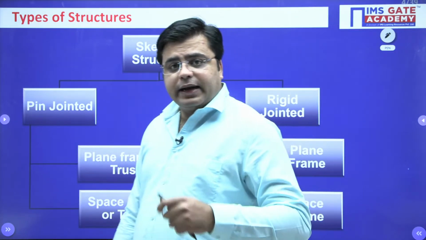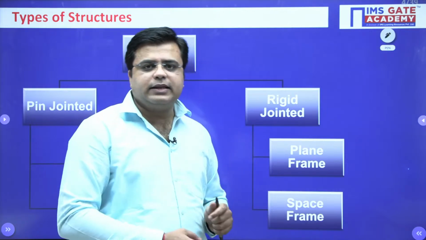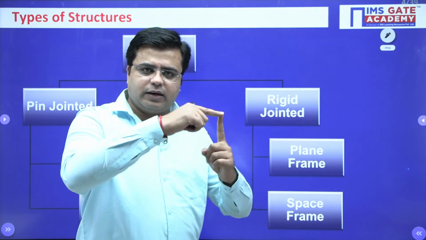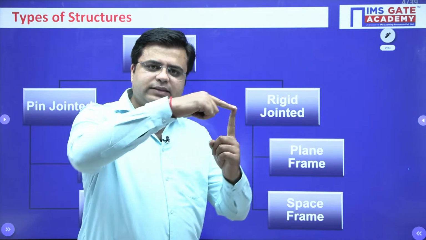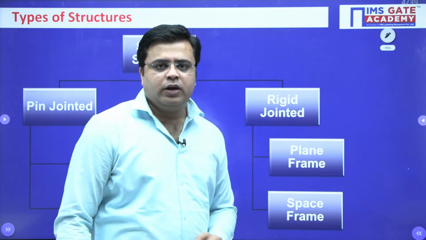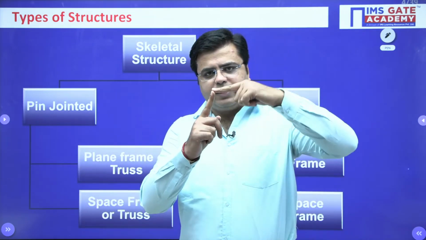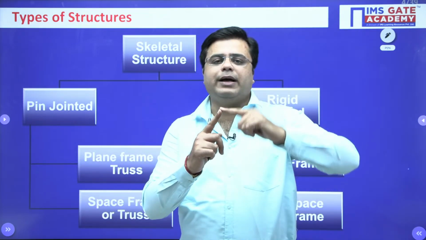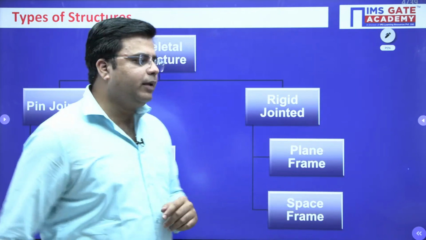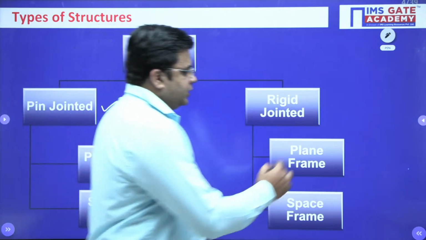If it is connected by a rigid joint, that is either they are welded or they are casted in the same manner in which they don't have a relative movement between each other, they move as a single unit, then this type of structure is known as the rigid jointed structure. For a pin jointed structure, we can have relative motion between the two members that are connected by the use of a pin. Okay, so a skeletal structure can be a pin jointed structure or it can be a rigid jointed structure.